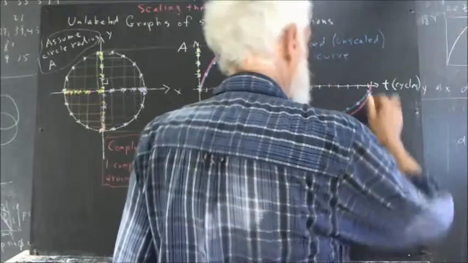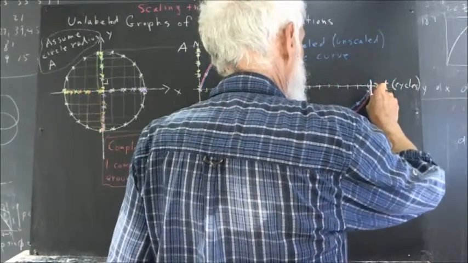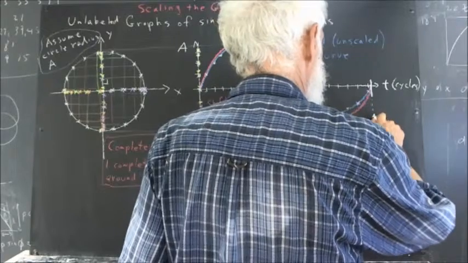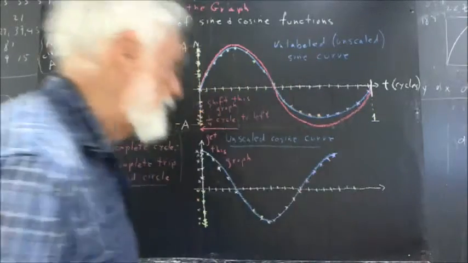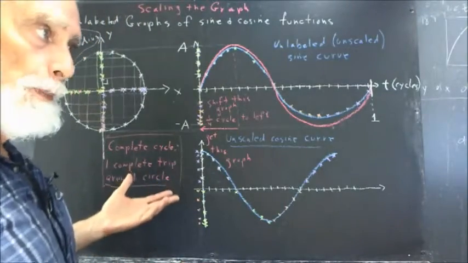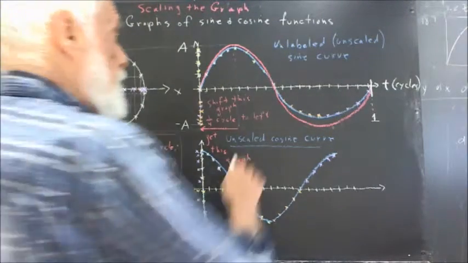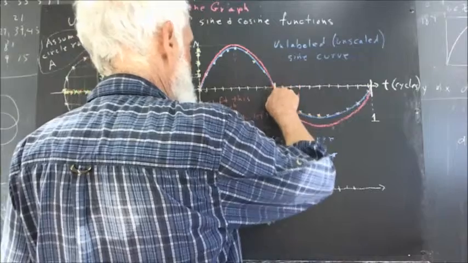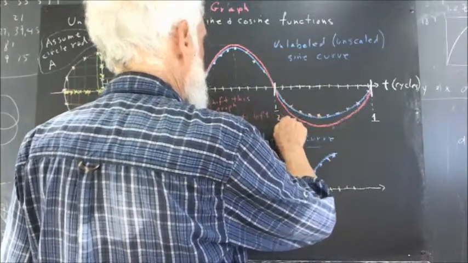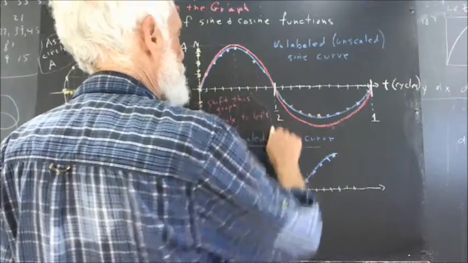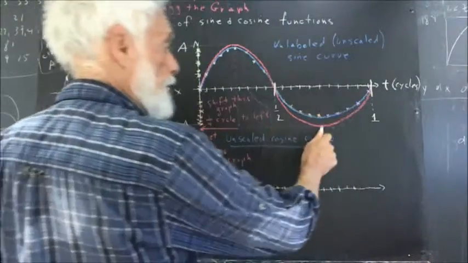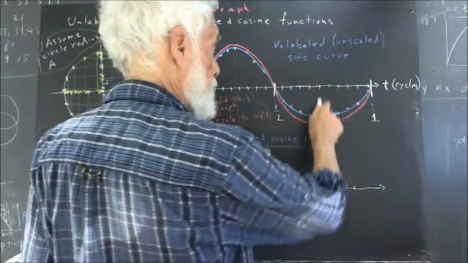So, okay, right here, t has coordinate 1. This is one cycle. Well, what are some of the other points we could label on the graph? We could label the half cycle, or we could label halfway between here and here, and that's where this curve hits the minimum.